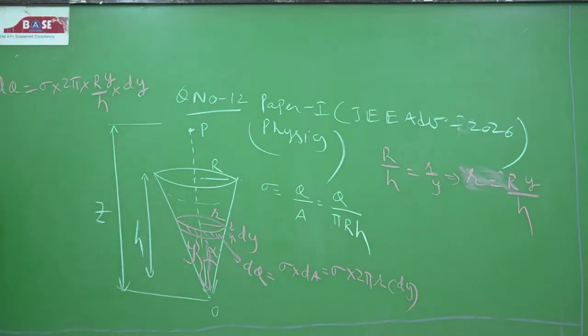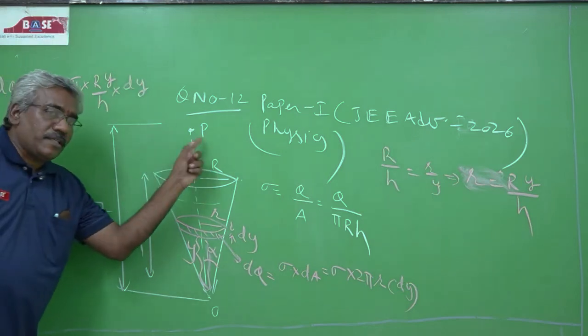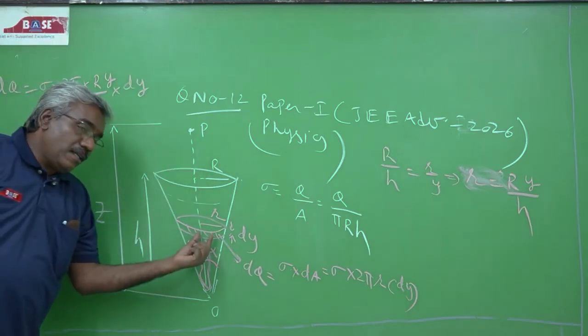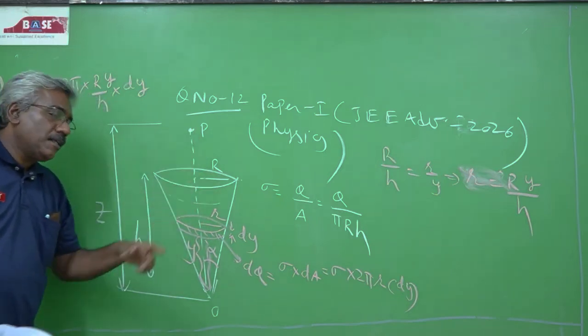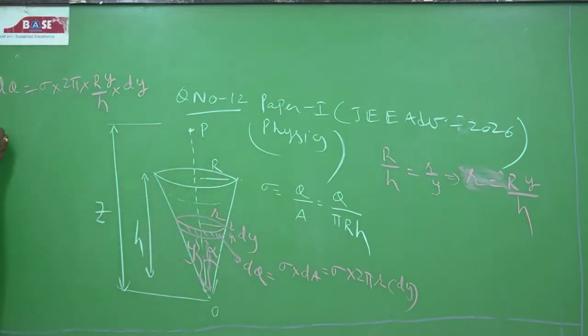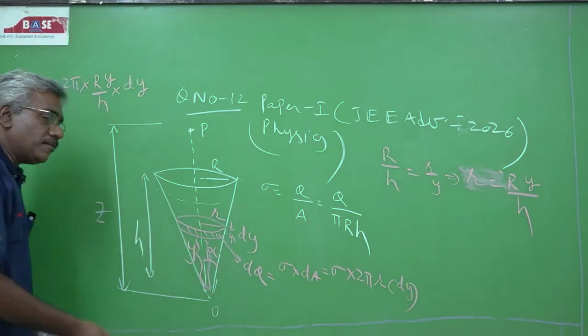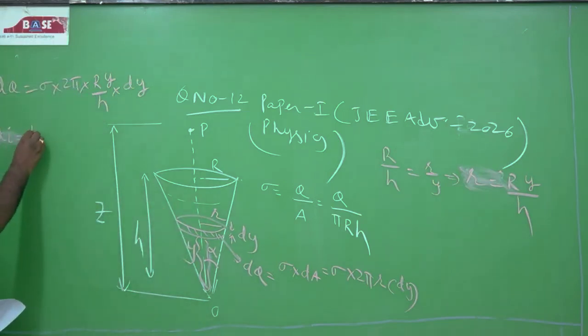Up to here it's clear. Now this is under rotation. A charged ring under rotation produces a magnetic field. First, the current di due to rotation of this ring is nothing but dq into omega by 2 pi.